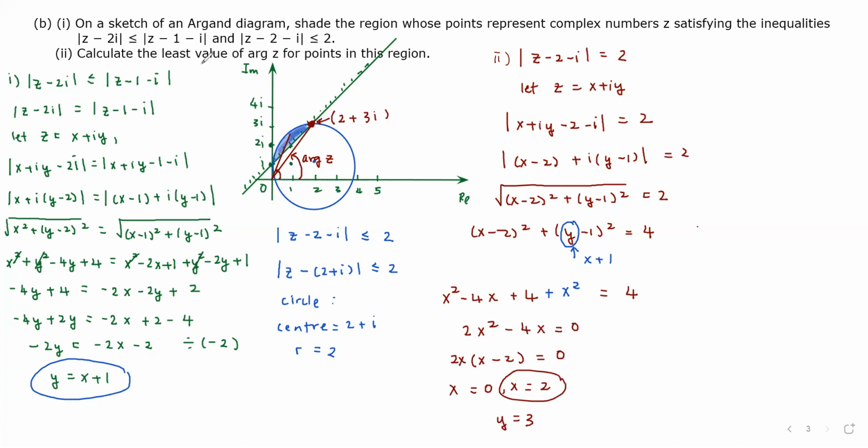Then this value of the argument of z, we are looking at the argument of 2 plus 3i. That is the arctangent of 3 over 2, and in radians, that is 0.98.